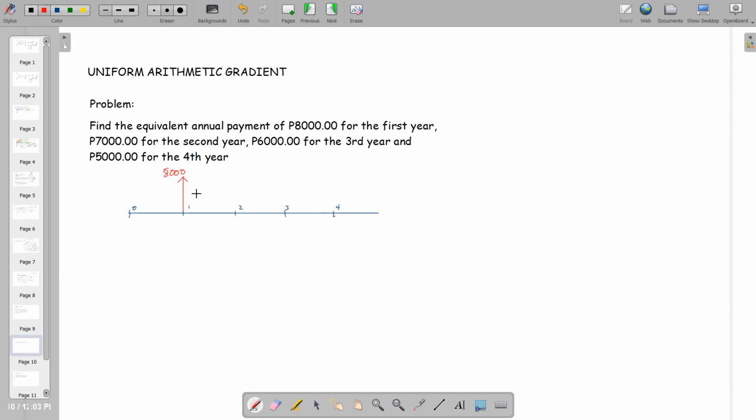We have the first payment to be 8,000. Hence, we have a gradient of 1,000. So it decreases until the 4th year. So in the 4th year, it's only 5,000. So the question here is, what is the corresponding equal amount instead of this decreasing payment annually?